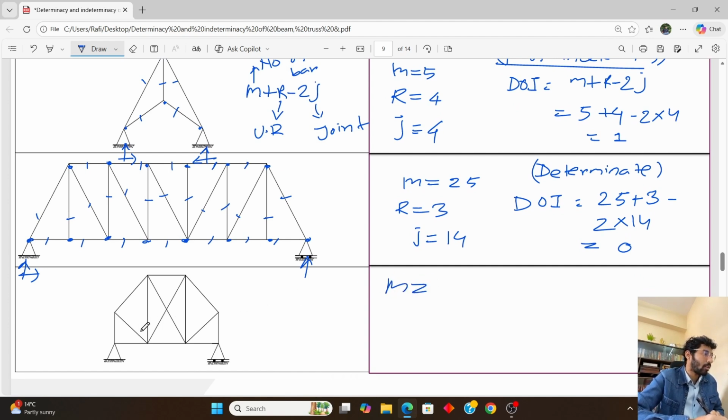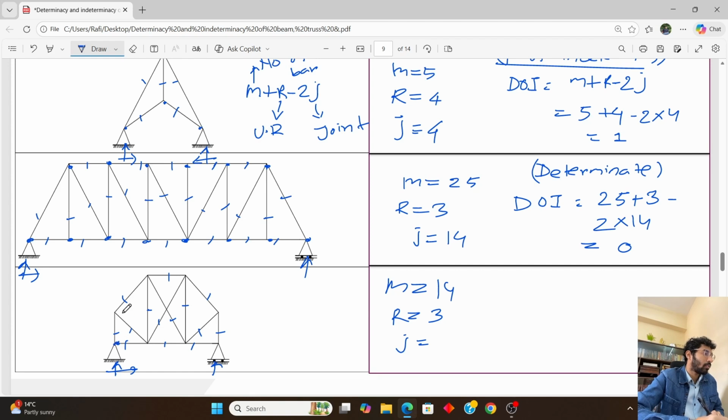If we look at the last problem, the number of bars will be 1, 2, 3, up to 14. So the number of bars will be 14. What will be the value of R here? That is 3. What will be the value of J here?